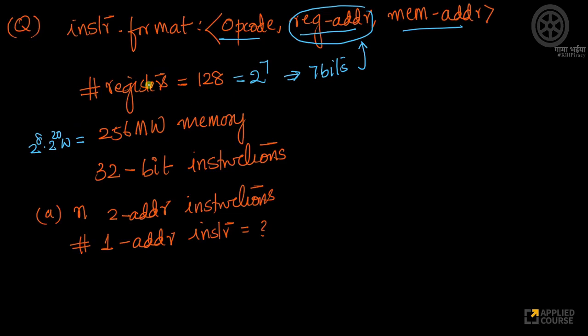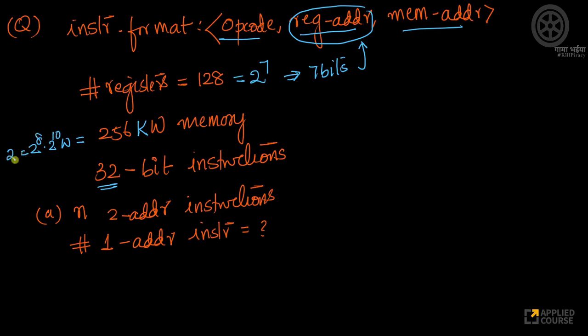Actually, I think this should be KB, not mega, because then the problem won't work out. This has to be kilo words, because if it's mega words, this is 28, this is 7. 28 plus 7 is 35, but I only have 32-bit instructions, so nothing will work out. So there's a typo here in the question. It should have been kilo words. If it is kilo words, what happens here? This becomes 10.